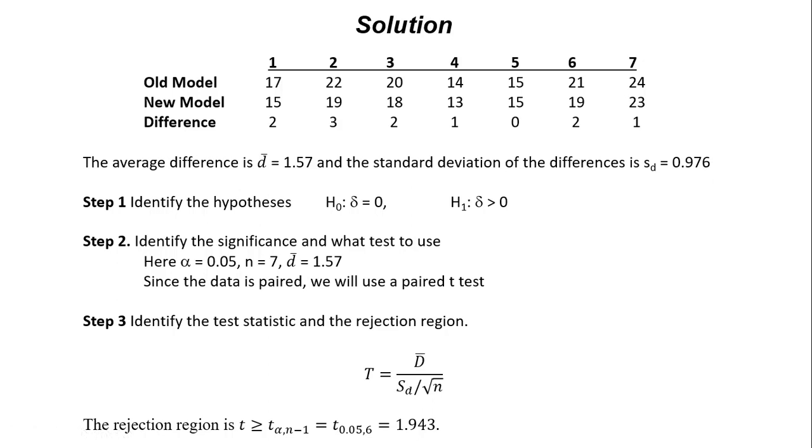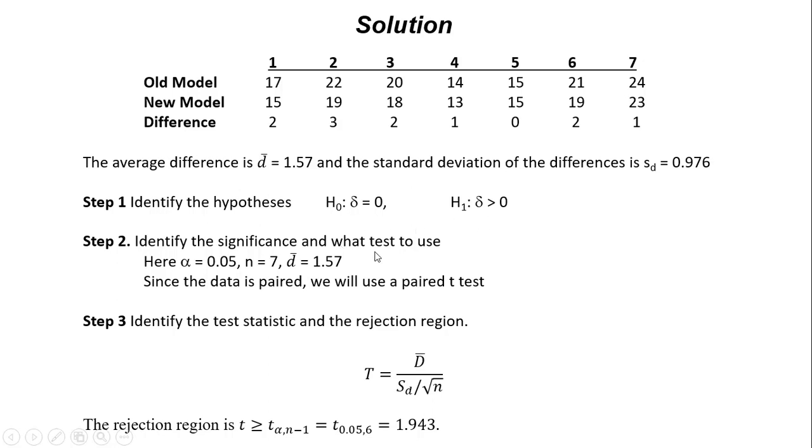So step 1, we identify the hypotheses. We state the null hypothesis here as delta equals 0. So delta is used to represent the population difference. The alternate hypothesis is that delta is greater than 0. And this would be the claim here.